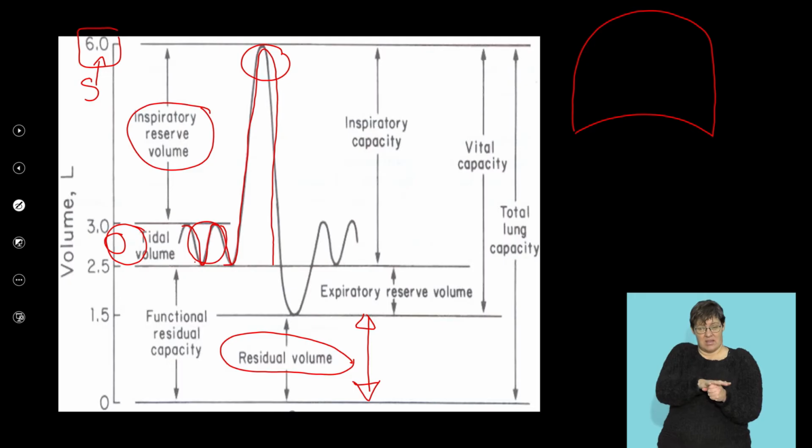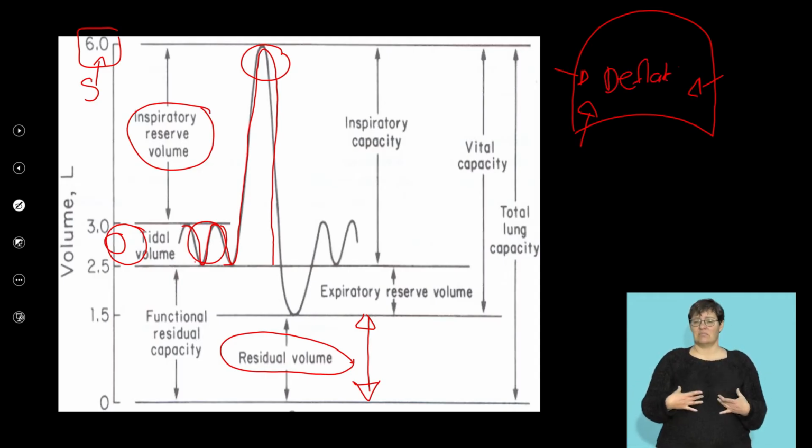So if I get stabbed or something happens and I've got a hole somewhere over there, what happens to the pressure? It deflates, and literally my lungs start to deflate like a balloon. And when that starts to deflate, my lung collapses.